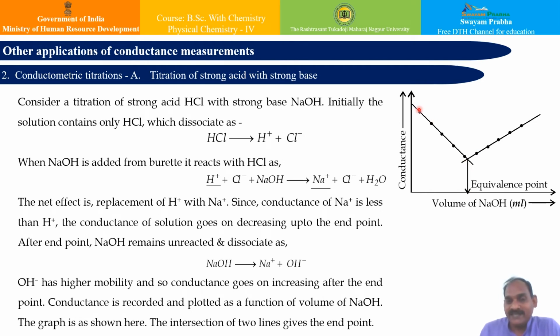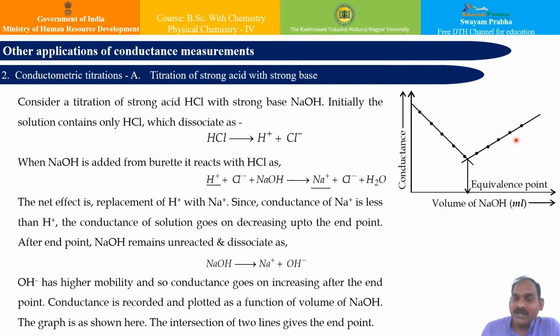You can see initially the effect wherein H+ ions are used up on the addition of NaOH. H+ and OH- combine and therefore the conductance is decreasing. After this point, Na+ and OH- ions remain in the solution, and because of the conductivity of the hydroxide ion, another sharp increase is observed.